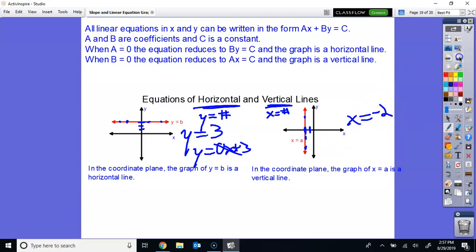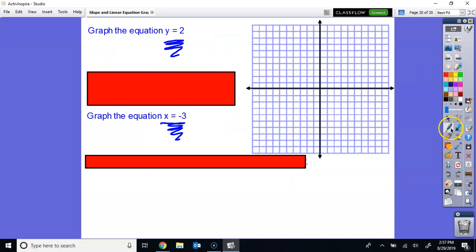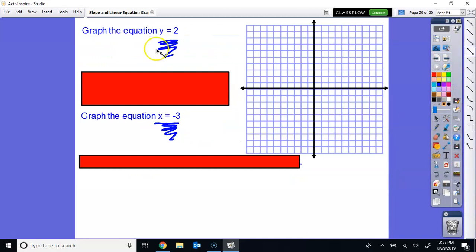So really, when you see these lines, please don't overthink it. All you have to do is go, oh, okay, y equals 2. That means y is 2 the whole time. So I'm going to go to y equals 2, and I'm going to draw a line straight across the graph because it's always going to be y equals 2. X equals negative 3 means x is negative 3 the whole time.